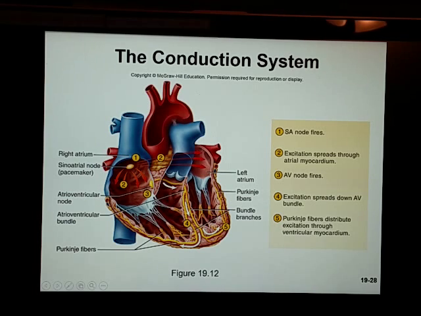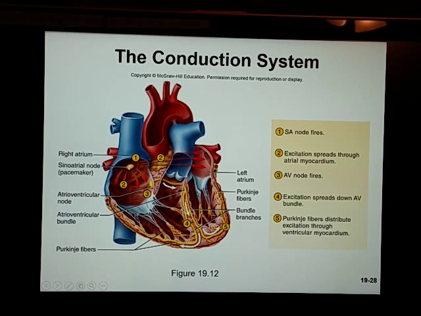We begin to see the branching take place. As the branching takes place, we find little other branches coming off of the big branch, and those go into the myocardium, those cardiac cells, and these are our Purkinje fibers.